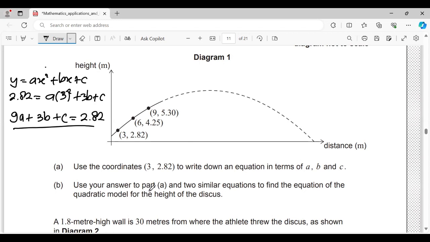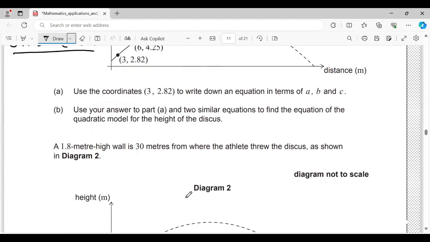Use your answer to part A and a similar equation to find the equation of the quadratic model for the height of the discus.